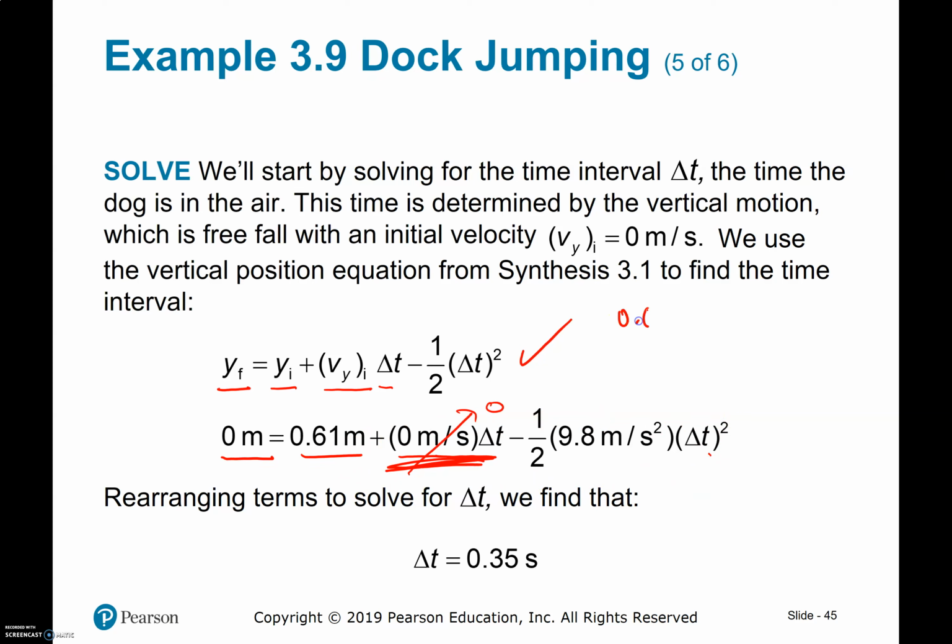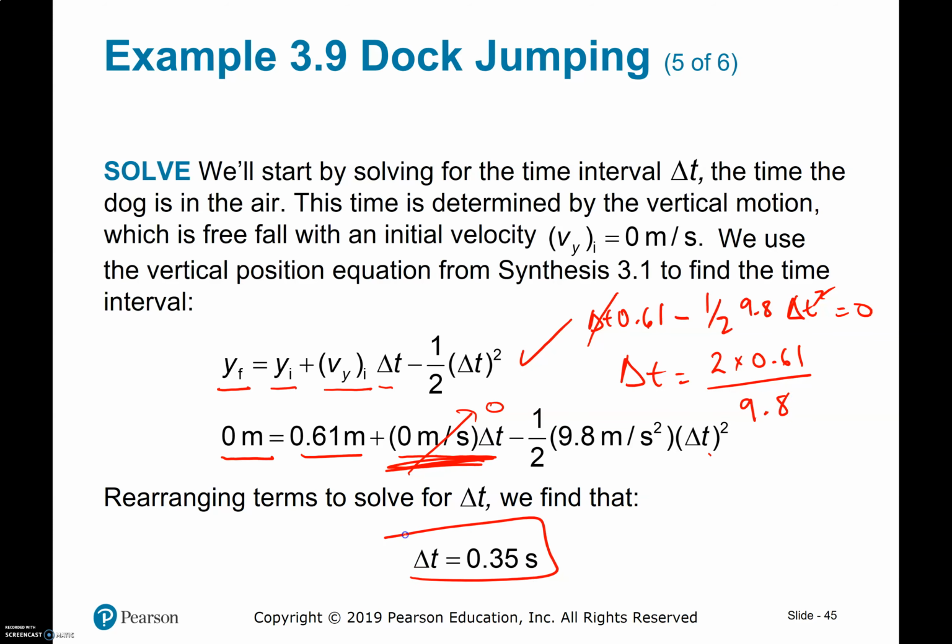I would have 0.61 minus 1/2 times 9.8 delta t squared equal to 0. So delta t is equal to the square root of 2 times 0.61 divided by 9.8. And that gives you this number here.